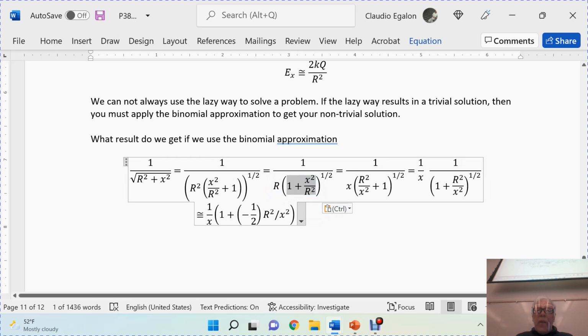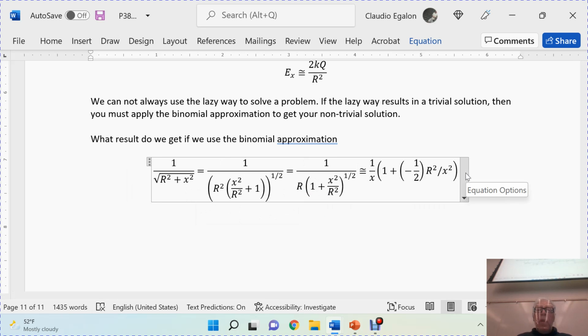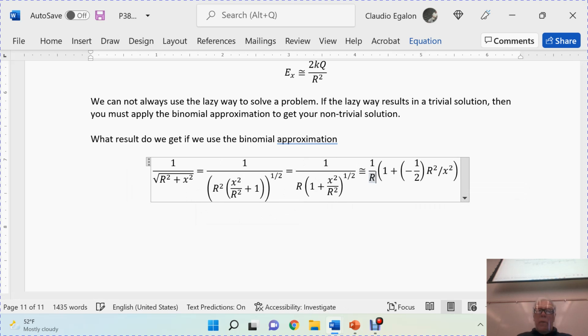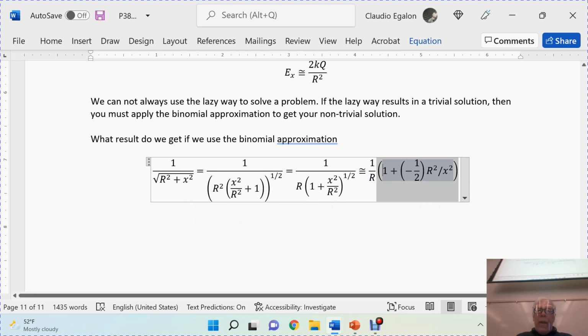And now we can start applying the binomial approximation. Instead of 1 over x here, we are going to have 1 over r. The 1 here is just like this one here. This minus half term is just like the power that we have here.